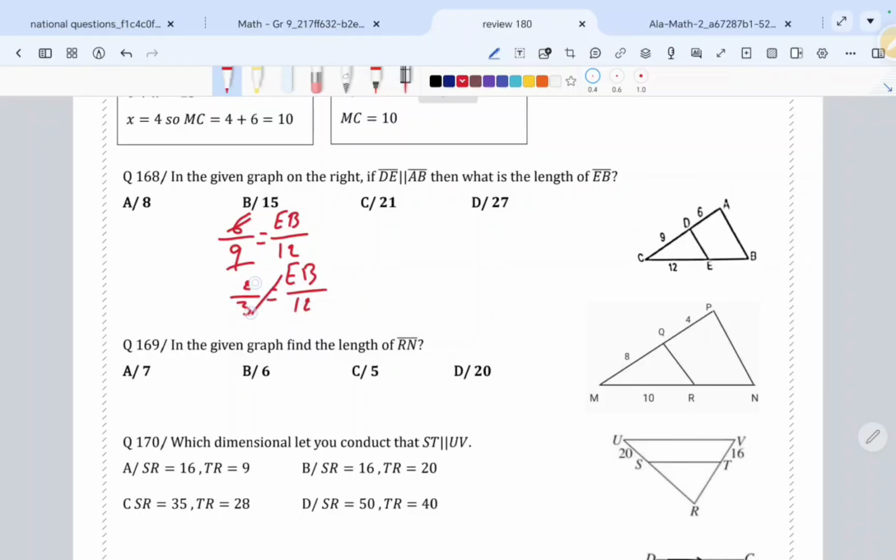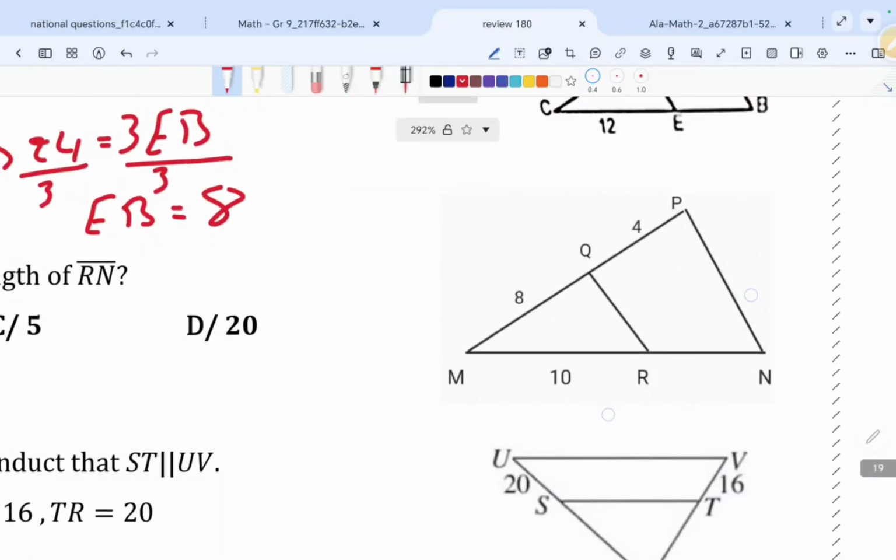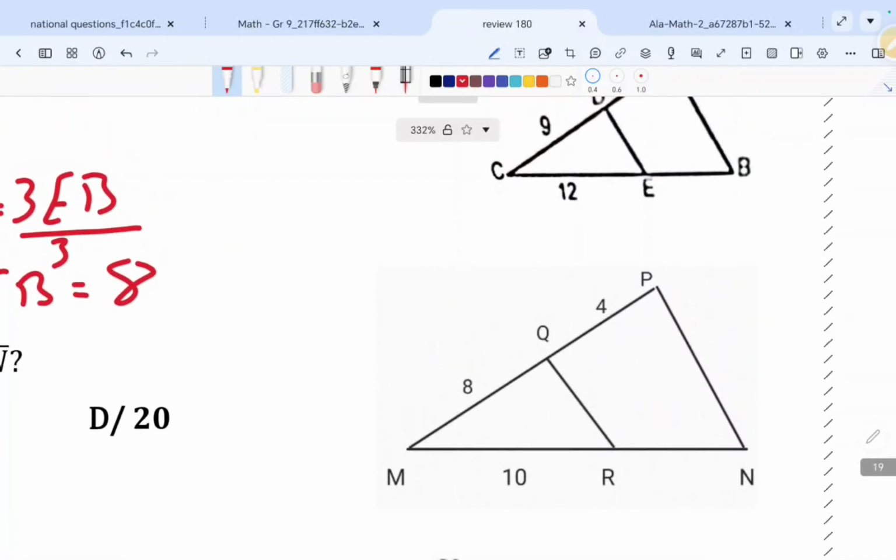Cross product: 2 times 12, 24, is equal to 3 times AB, 3AB. Divided by 3, divided by 3. So AB is equal to 24 divided by 3, which is equal to 8. So A is the correct answer. Now for this question, we will say 4 over 8.